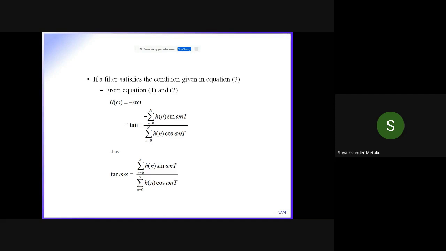Then the left hand side will be summation over n equal to 0 to capital N, h of n cos omega n capital T into sin omega alpha. And the right hand side you will get summation n equal to 0 to capital N, h of n sin omega n capital T into cos omega alpha. Yes or no?